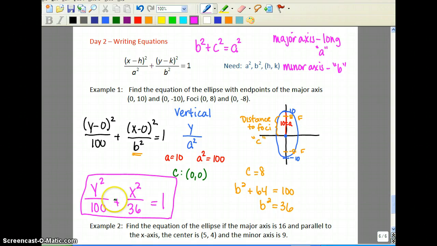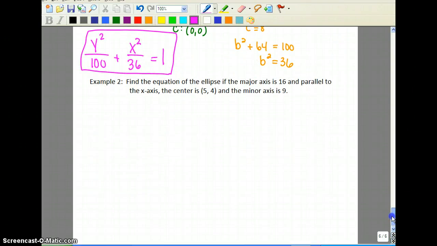Now it wouldn't be wrong if you had x squared over 36 plus y squared over 100. I typically just put my a in the front, but it doesn't make any difference. Okay, so if you know all the parts of an ellipse, this shouldn't be difficult. So we'll try this other one and then we'll practice in class tomorrow.